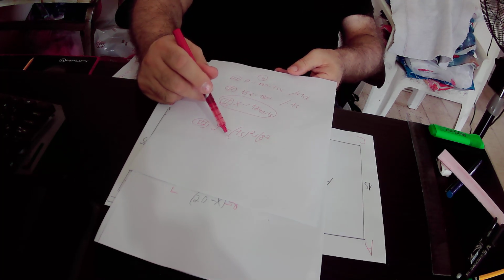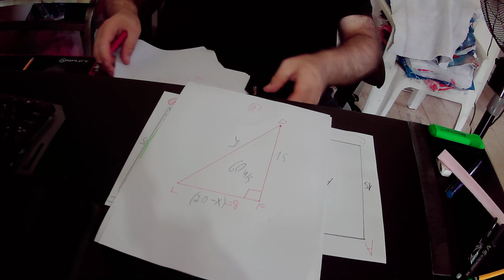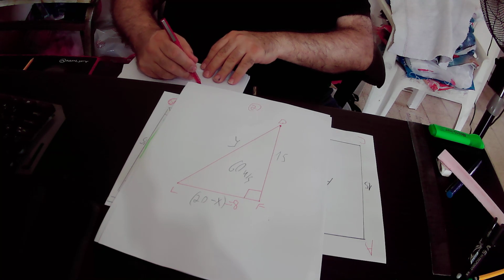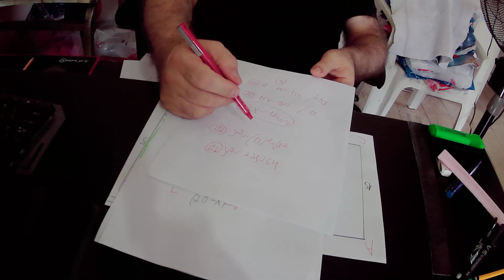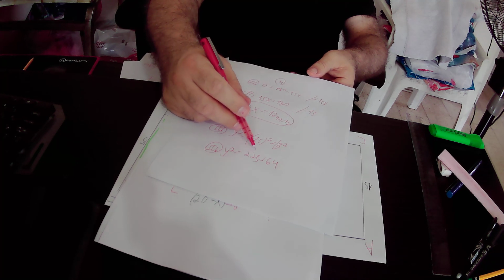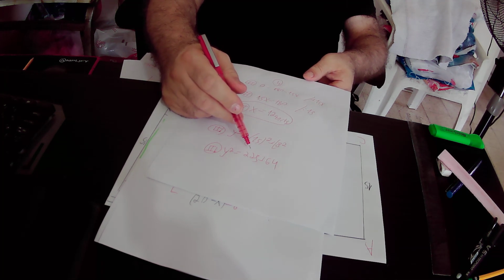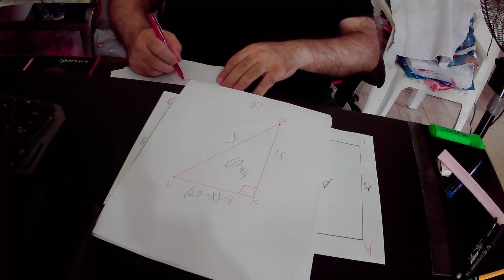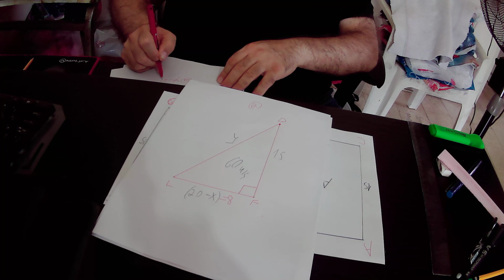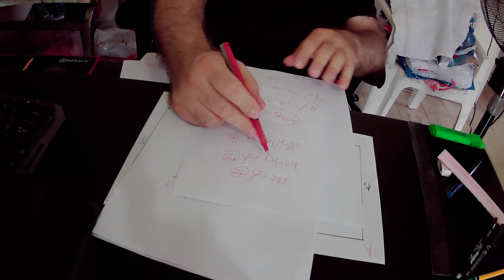15 square is 225 and 8 square is 64. 225 plus 64 is 289, so in the third equation we got that y square equals 289.